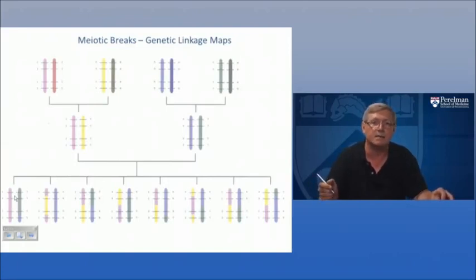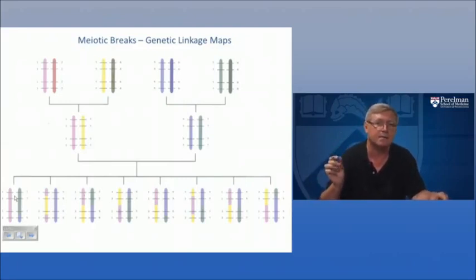An important kind of map that was developed, which I've already alluded to, is the genetic linkage map. These are created on the basis of meiotic breaks. During meiosis, homologous chromosomes exchange information along the chromosome, and the sites of the DNA breaks that correspond to these exchanges are called meiotic breaks.